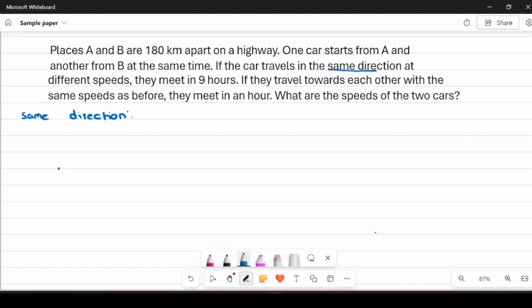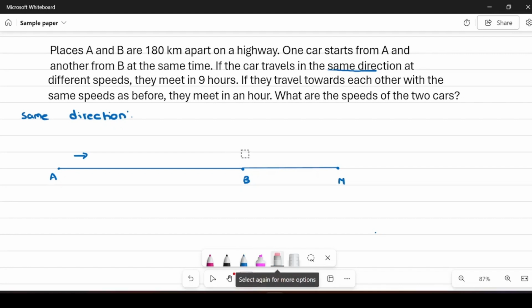Let's say the first car starts from point A, and the second car starts at point B, right? Since both are traveling in the same direction, obviously they are going to meet after B. Let us say this is point M where they are meeting.